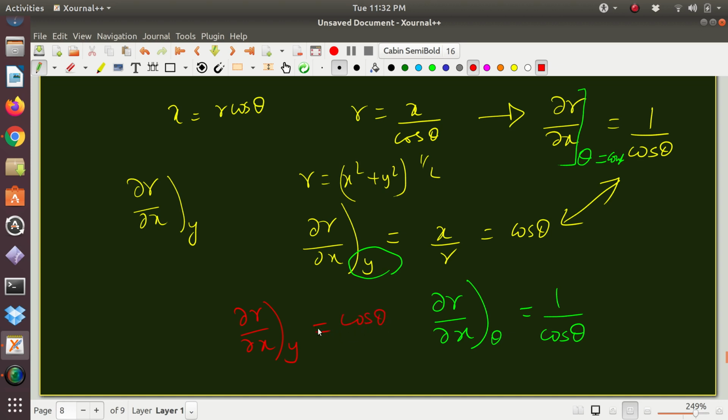So there is no need for these two answers to be the same, because what is kept constant is very different. Here y is kept constant, here theta is kept constant. This is very, very important, although it seems rather straightforward when you think through it, but often this is the cause of many errors in derivations in thermodynamics and even in transport phenomena.